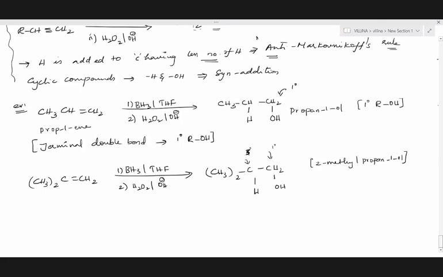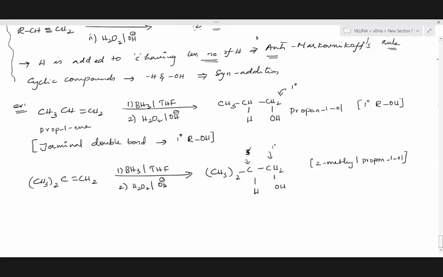This is the skeletal structure, C=CH2. So what adds to what? This is our tertiary carbon, and this is our primary carbon. That does not affect it actually, because this follows the anti-Markovnikov rule, right? So you just have to consider where the hydrogen is getting attached.